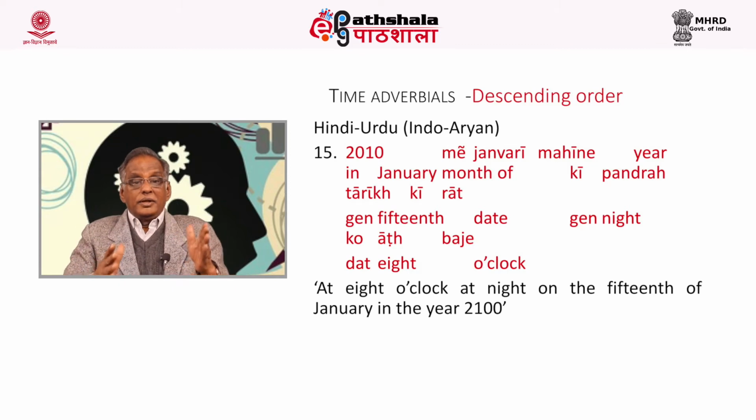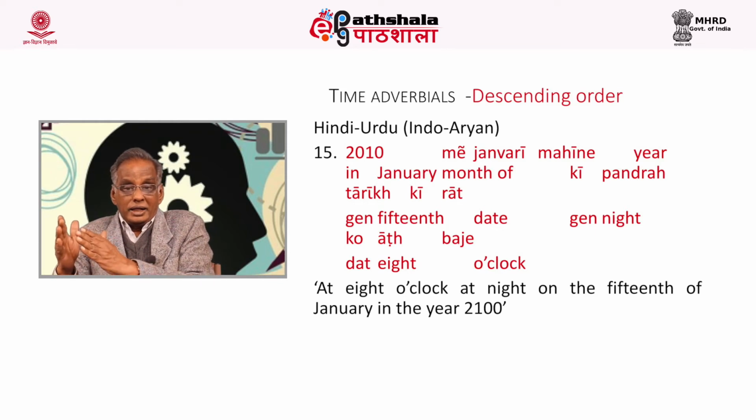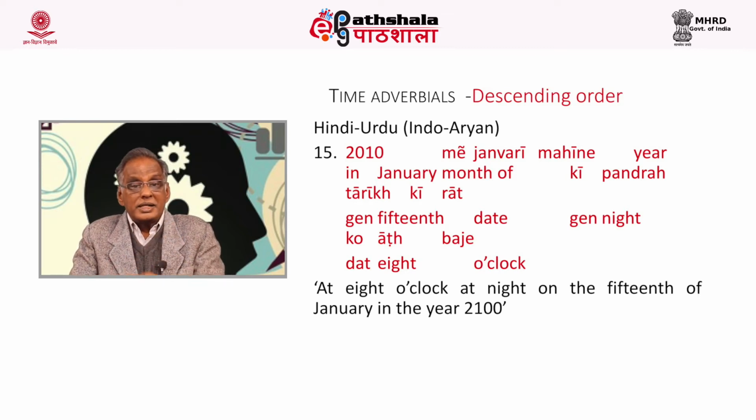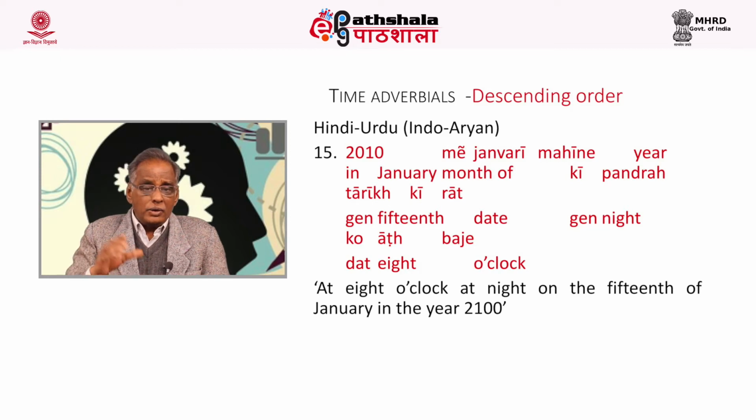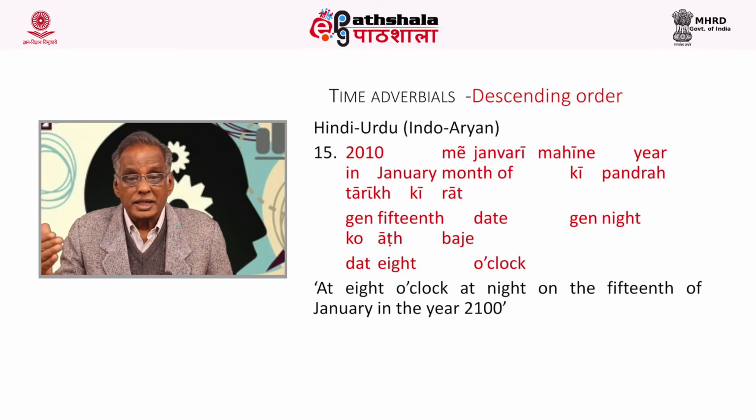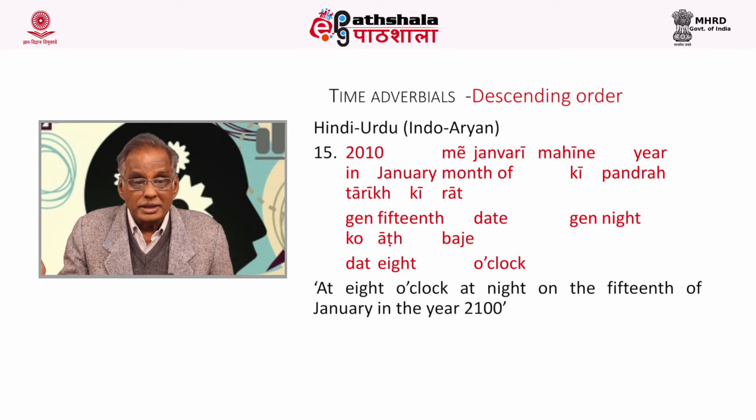Therefore, from year to the month to the day and to the particular time of the day, that is how you have the descending order. In English, look at this. At 8 o'clock at night on the 15th of January in the year 2010, that is, at 8 o'clock is a smaller chunk of time, night is a bigger chunk of time, 15th is another bigger chunk, and the January is the month, again the biggest chunk is 2010.